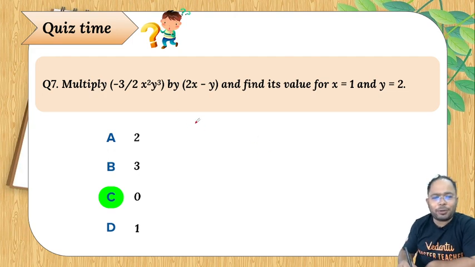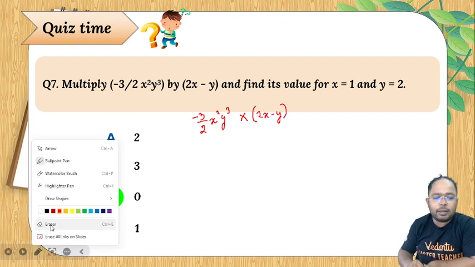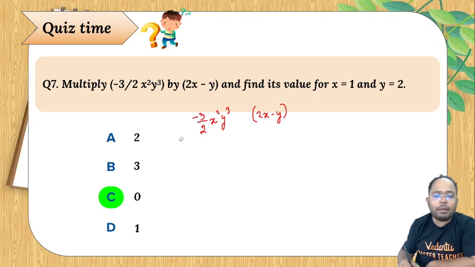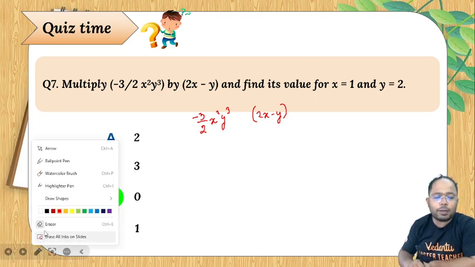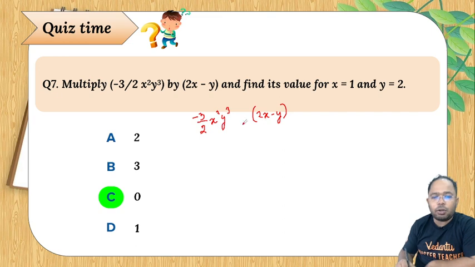Okay, so let's do it. Minus 3 by 2 x square y cube multiplied by 2x minus y. As I said earlier also, we avoid writing this multiply sign. Why? Because we get confused with the x. So let's multiply this. Minus 3 by 2 x square y cube into 2x, minus minus plus 3 by 2 x square y cube into y.